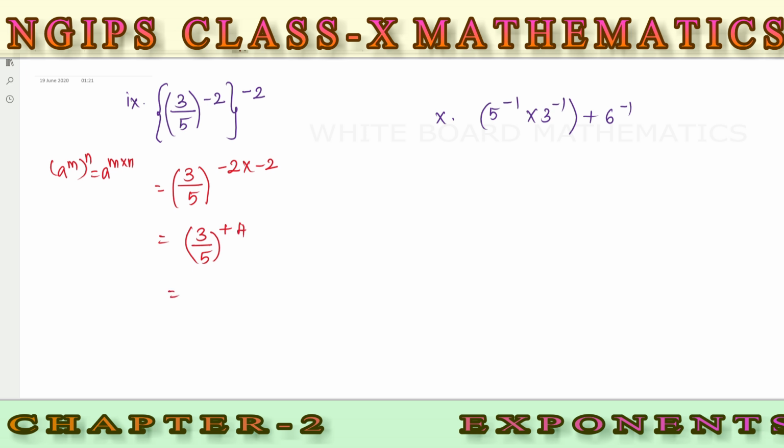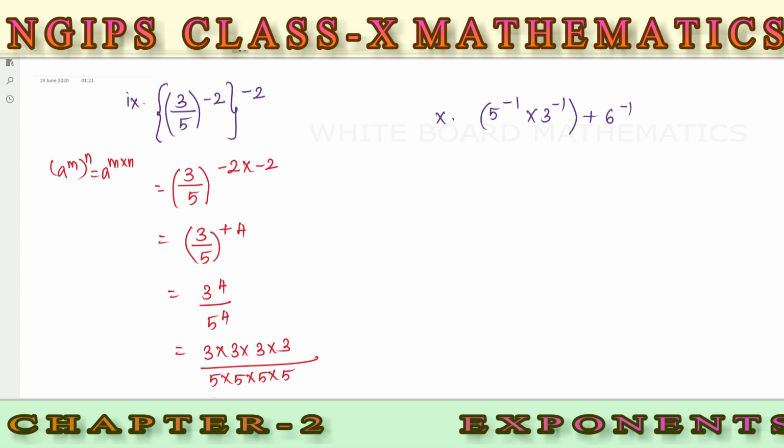This 4 is common for both numerator and denominator, so I can write 3 power 4 divided by 5 power 4. 3 power 4 is 3 into 3 into 3 into 3 divided by 5 into 5 into 5 into 5. 3 3s are 9, 9 3s are 27, 27 into 3 is 81, divided by 5 5s are 25, 25 into 5 is 125, 125 into 5 you will get 625.